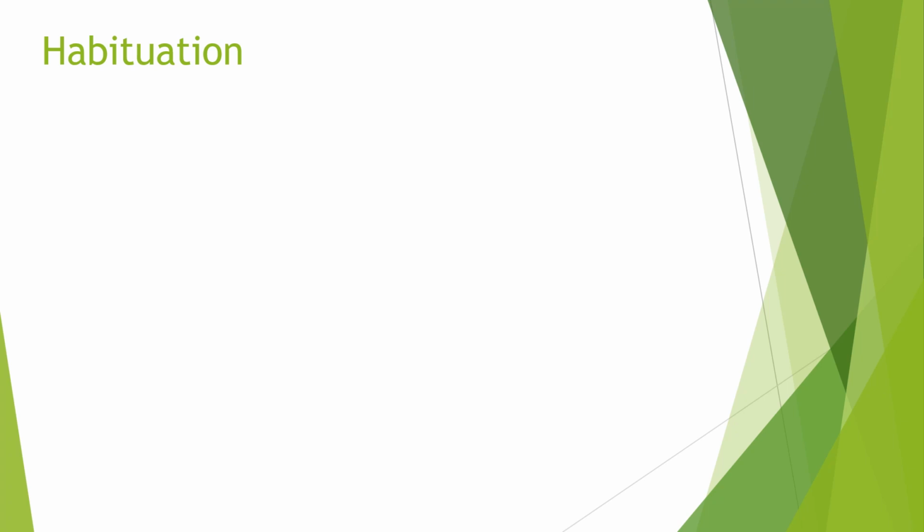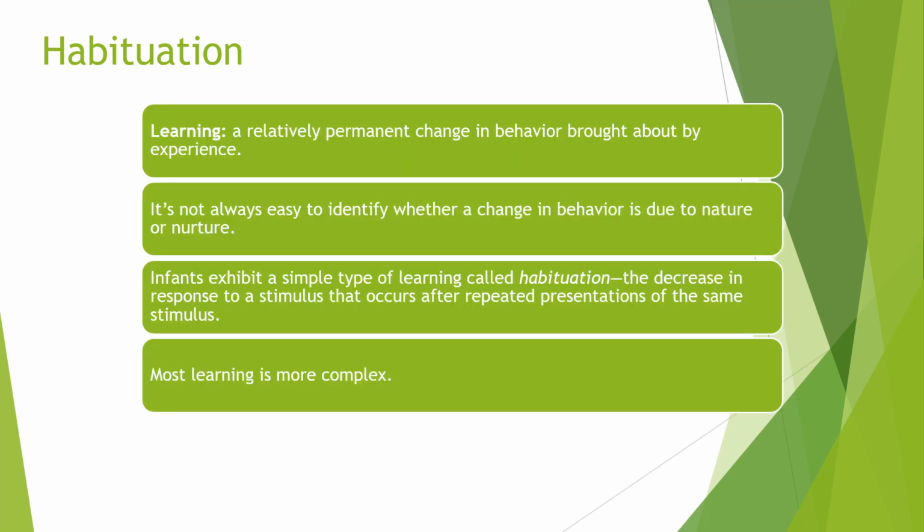Habituation is very similar. When we think about learning, it's kind of like a habit. You do something over and over again, and the learning becomes very easy. It becomes habitual. So for learning, it's a relatively permanent change in behavior brought about by an experience.